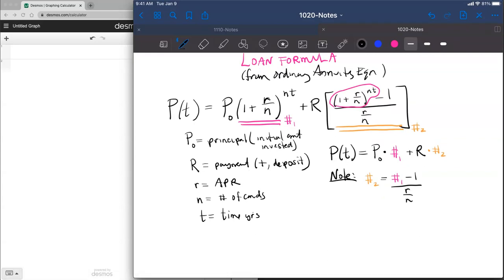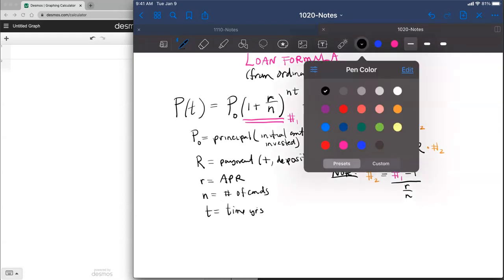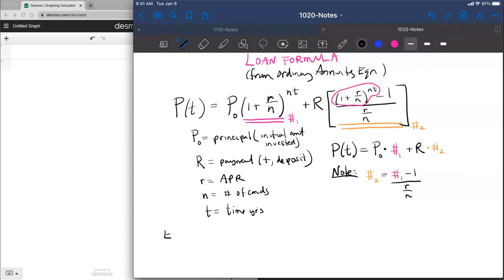So for example, just making sure that we're good with the ordinary annuity equation, and then we'll move on to the loan formula. As an example, let's say that you start with P0 equal to, say, $100 in an account, and you're going to make a payment of, let's say, $25 every month, and that payment every month corresponds to the number of compoundings, 12.